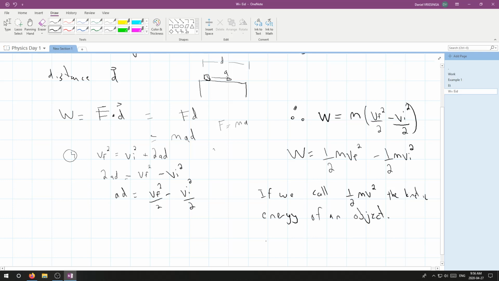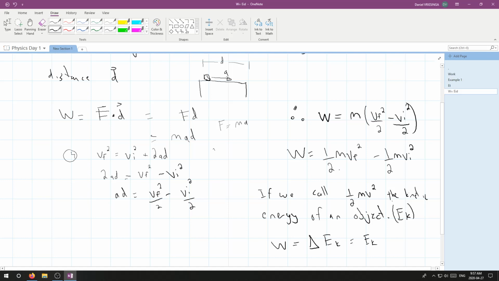If we call 1/2 MV squared the kinetic energy of an object, then we can redefine work as this. It's equal to the change in the kinetic energy, right? We call the kinetic energy, by the way, EK, like big E with a little subscript.